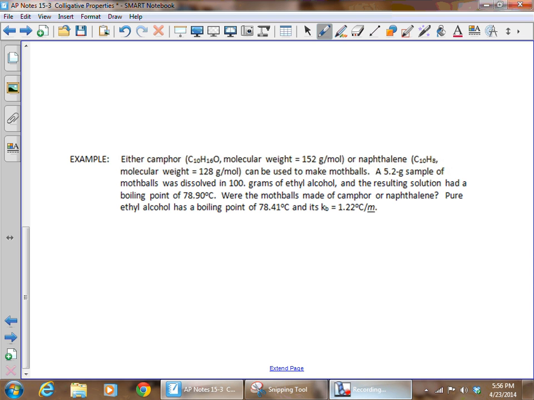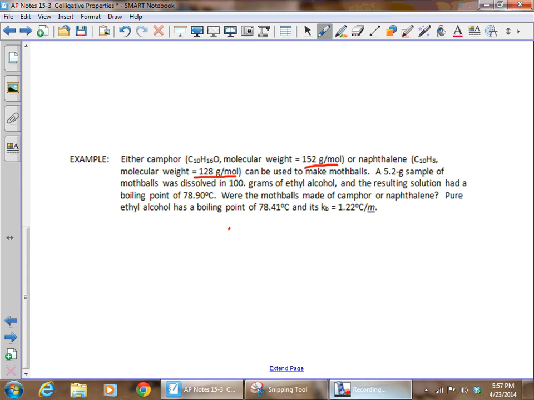So we know what the molecular weights of these two compounds are, so let's see what happens. We can calculate the molar mass of our substance using the equation, since we know how the temperature was changed, and knowing the van 't Hoff factor, we can figure this out.